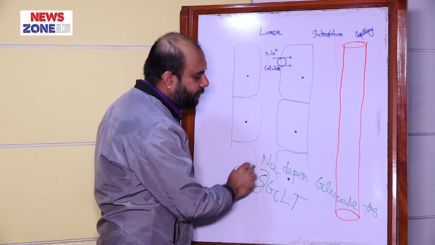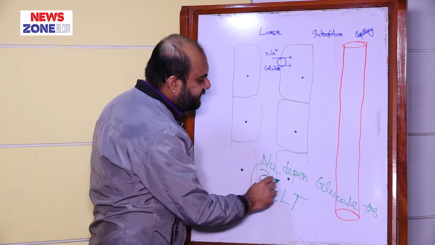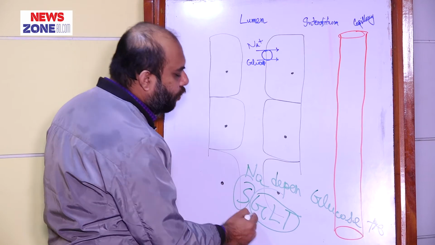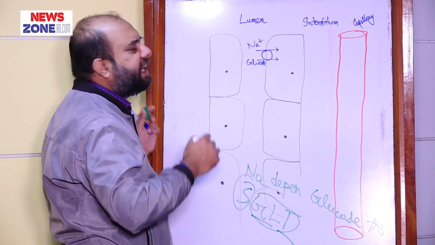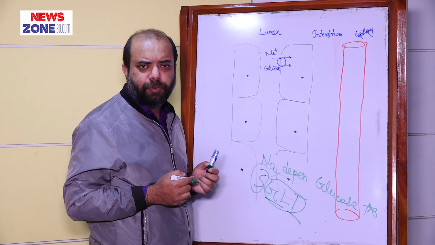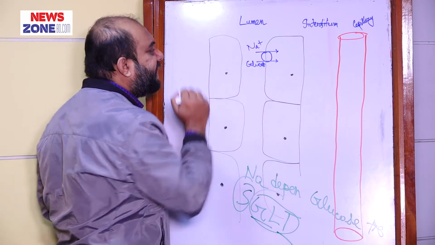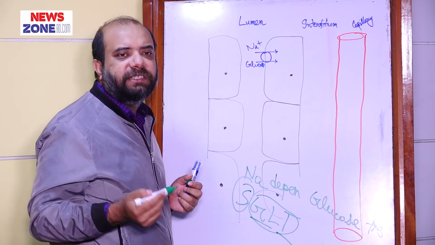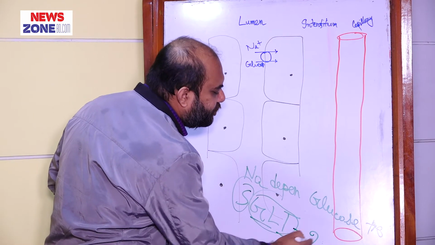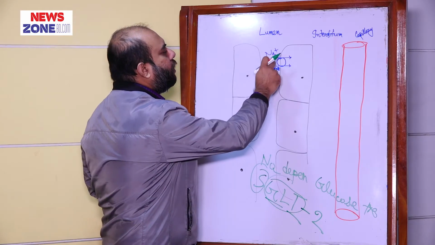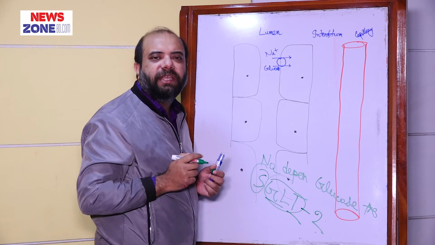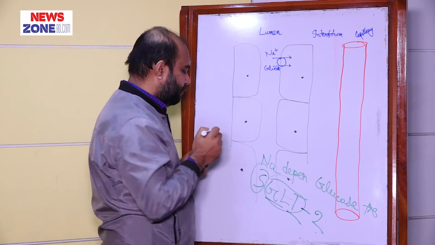S comes from sodium, GLT comes from glucose transporter. There are several types of SGLT transporter proteins. In this case, we will need SGLT type 2 transport protein. So, the name of this carrier protein is SGLT2.